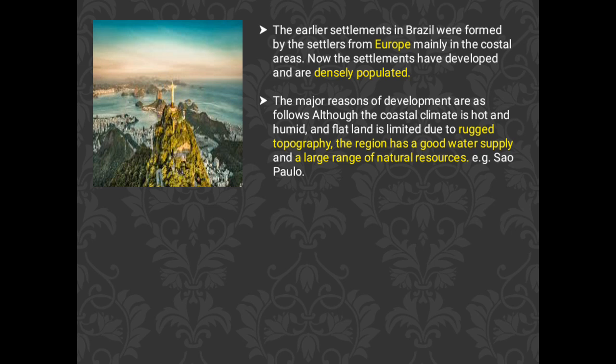Although the coastal climate is hot and humid, and flat land is limited due to rugged topography, the region has a good water supply and a large range of natural resources. Example, Sao Paulo.